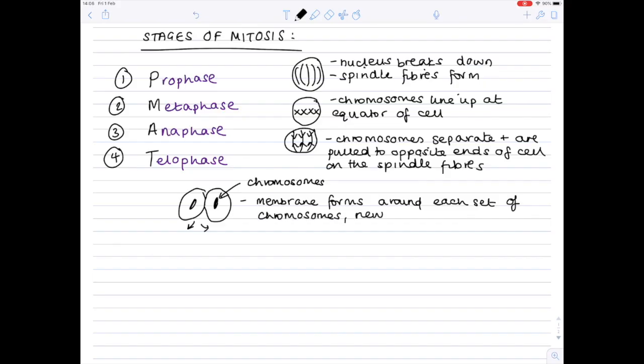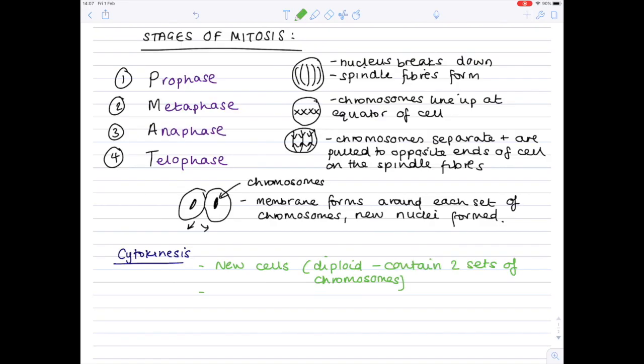And new nuclei are formed. Tiny side point, cytokinesis. This is when our new cells, which are diploid because they contain two sets of chromosomes, are separated by new cell membrane.